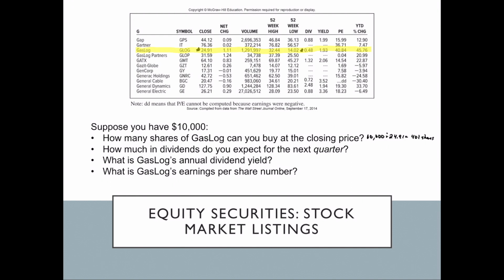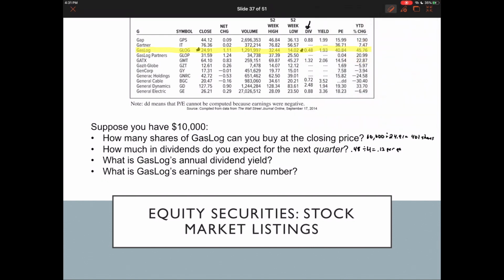However, that's 48 cents for the year. The dividends are listed as a summation of the previous 4 quarters, so we take 48 cents and divide it by 4, which is 12 cents per quarter.